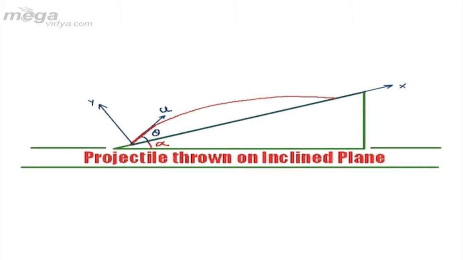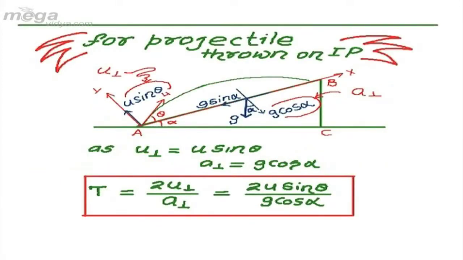In our previous lectures, we have seen time of flight for a projectile thrown on an inclined plane. As we had discussed, for a projectile thrown on an inclined plane, if we take the x-axis along the incline and the y-axis perpendicular to the incline, we can write.